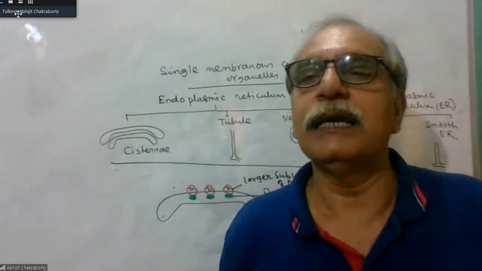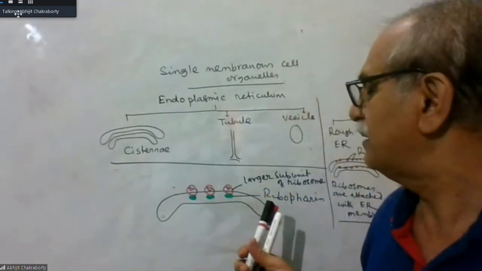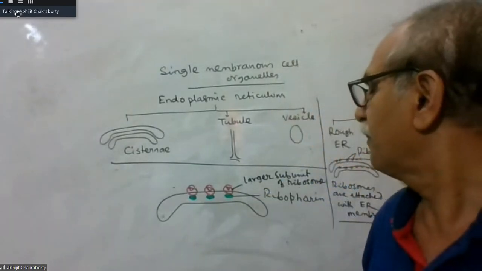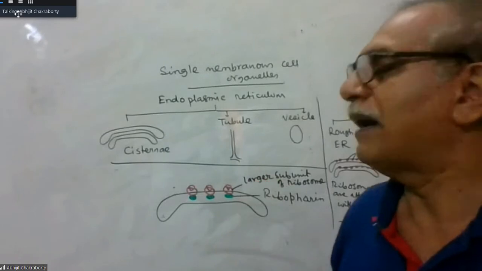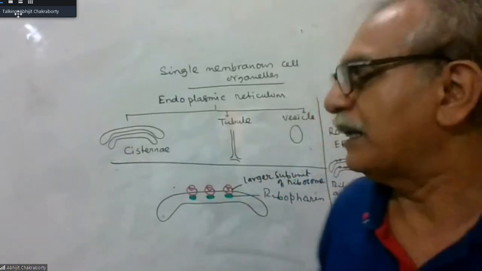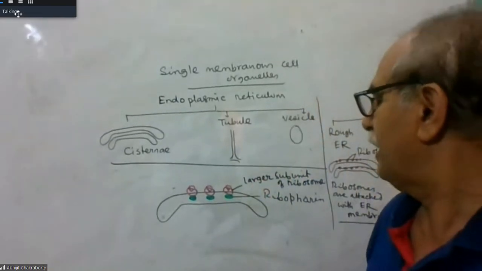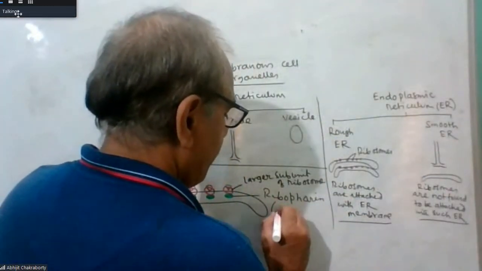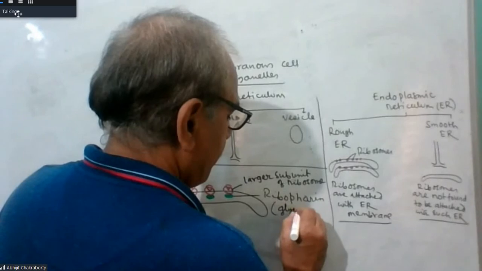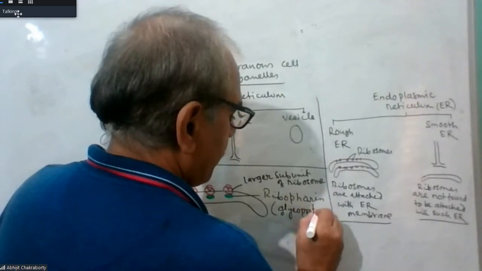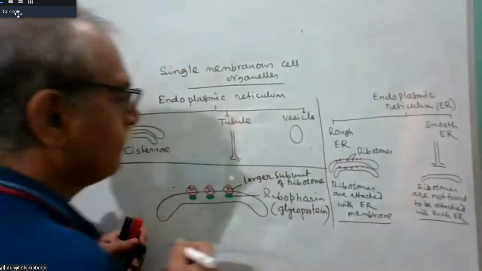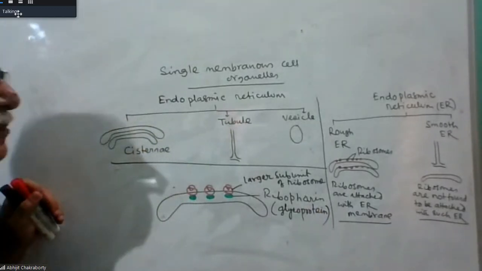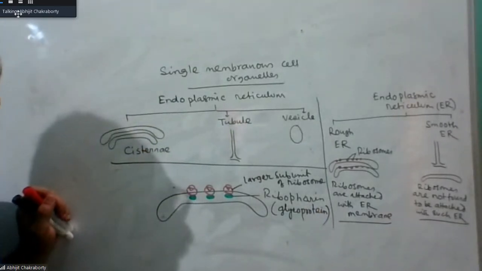In other words, as ribophorins are present, the ribosome can bind to the ER. Ribophorin is a glycoprotein, remember this. Clear?